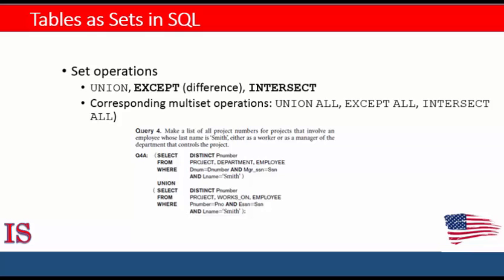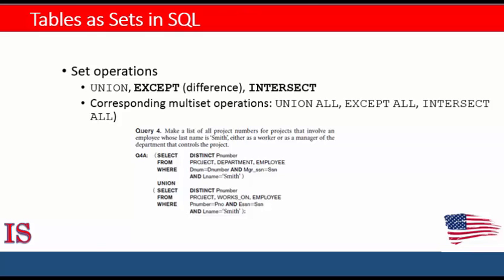SQL has incorporated some set operations from mathematical set theory, which are also part of relational algebra. These are known as set union, set difference, and set intersection, which are represented by union for set union, except for set difference, and intersect for set intersection.